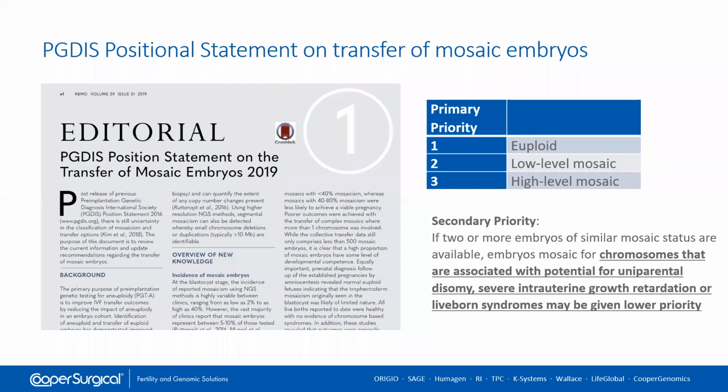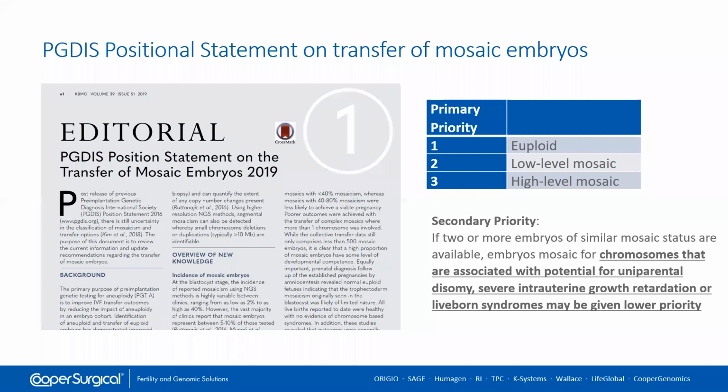However, there is a secondary priority if you have the option or you want to take it down this path. And I think many people would and some people wouldn't. But the priority is there are certain chromosomes that we know have a higher chance of having a negative outcome. So there are certain chromosomes such as 14 and 15, which have a much higher chance of UPD, uniparental disomy.